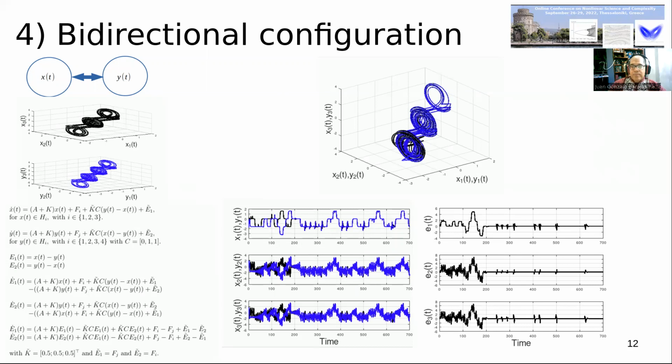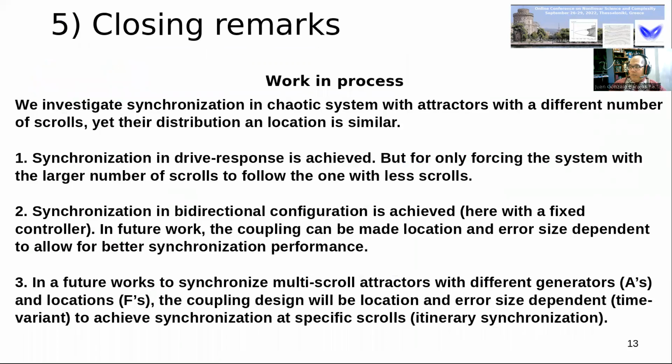Okay, so what we are working on is to investigate the synchronization in chaotic systems with different number of scrolls. Yet the distribution is very similar. In this particular case, even the matrix that generates the oscillating dynamics is the same. However, we observed that in the drive response synchronization configuration, synchronization is achieved towards the attractor with the lesser number of scrolls.